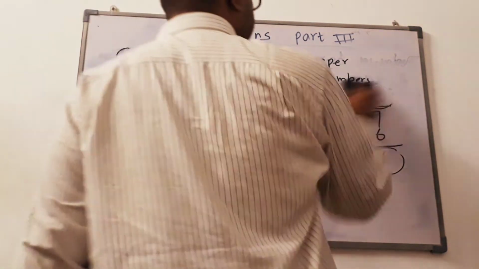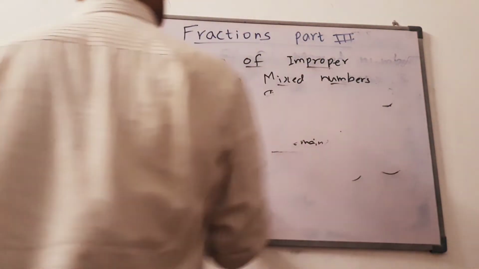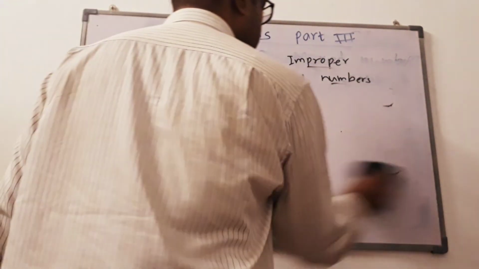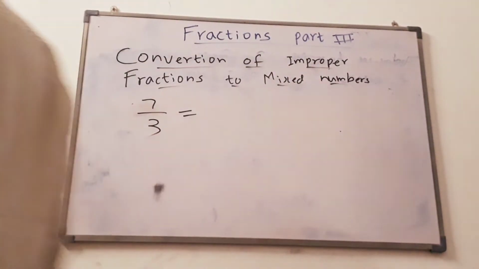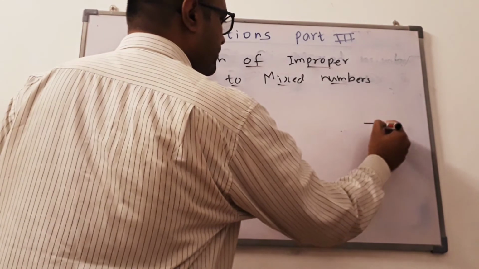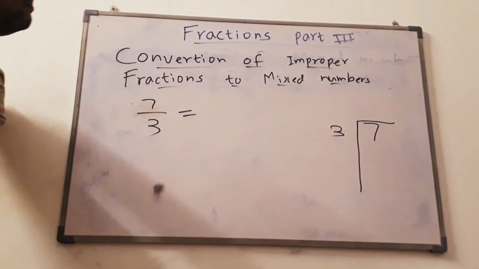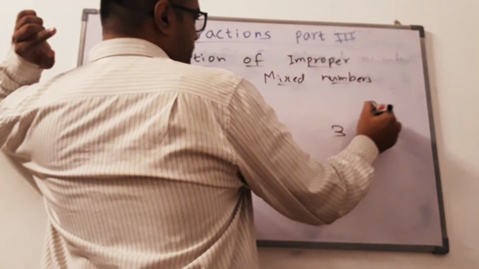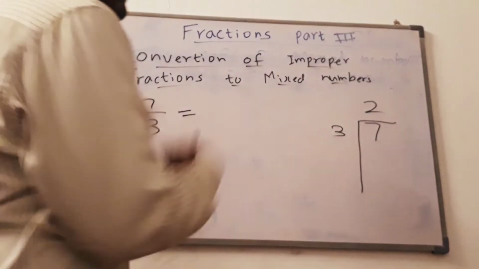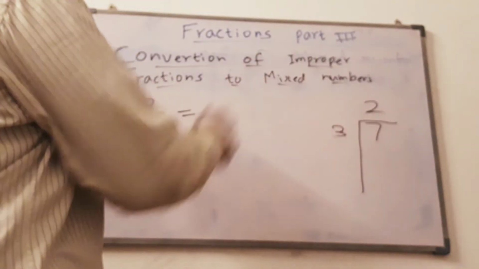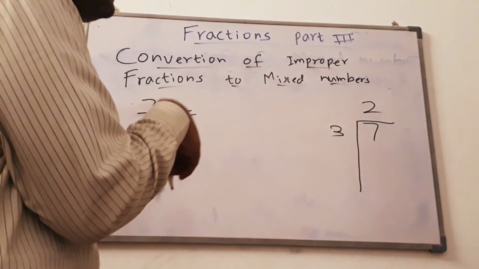When we are asked to convert an improper fraction to a mixed number, we have to write the division method. So we divide 7 by 3. 3 times 2 is 6, 3 times 3 is 9. 9 is greater than 7, but 6 is less than 7.